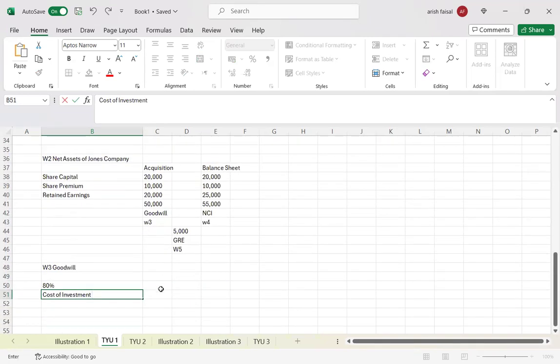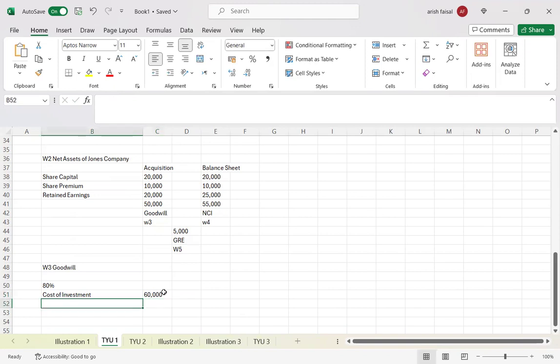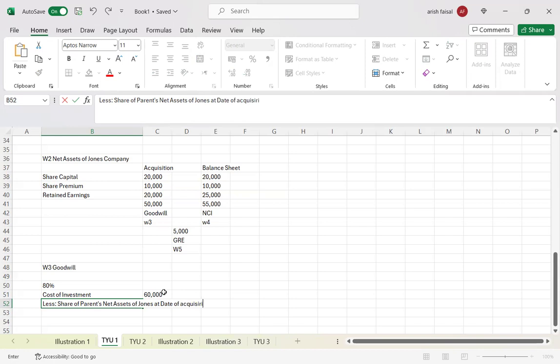So I'm going to write down that cost of investment over here at 60,000. That's what we have paid. But how much proportion of the net assets we got, that is what we need to find out. So we say less share of parent's net assets of Jones at the date of acquisition.